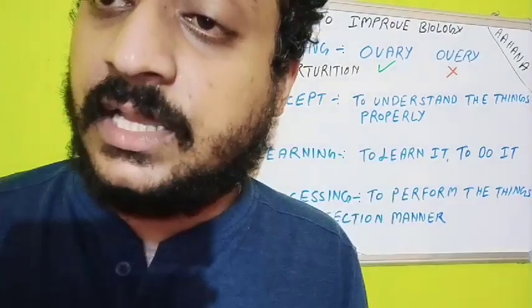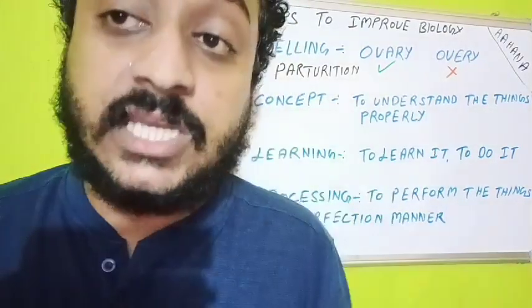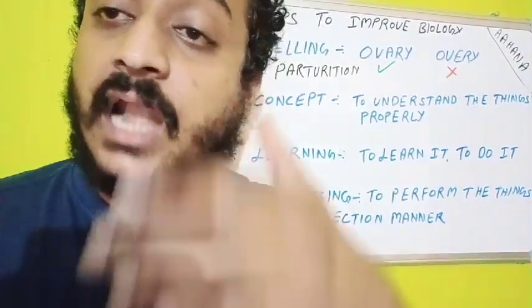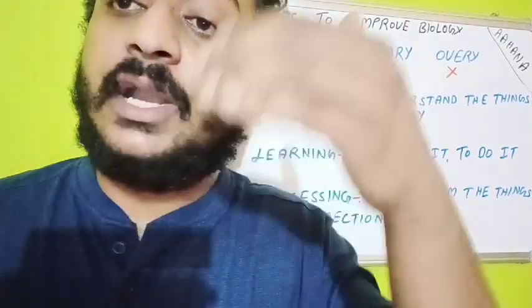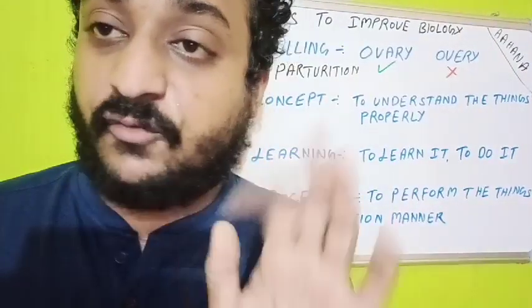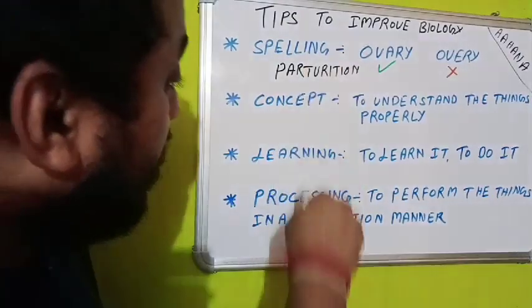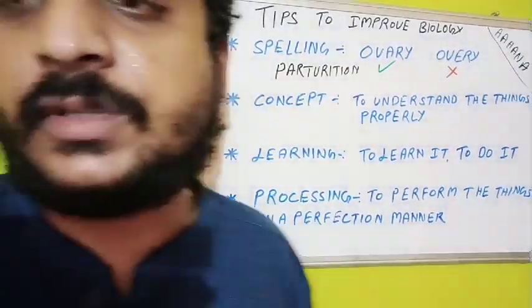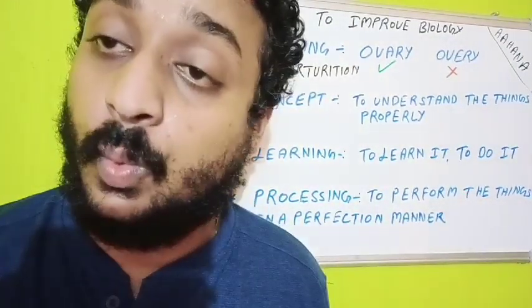Learning. I learned the things rather than memorizing and mugging them up. I learned the process of the things, I tried to write it in my own language. If these three are clear, automatically the processing part will also be clear. How?